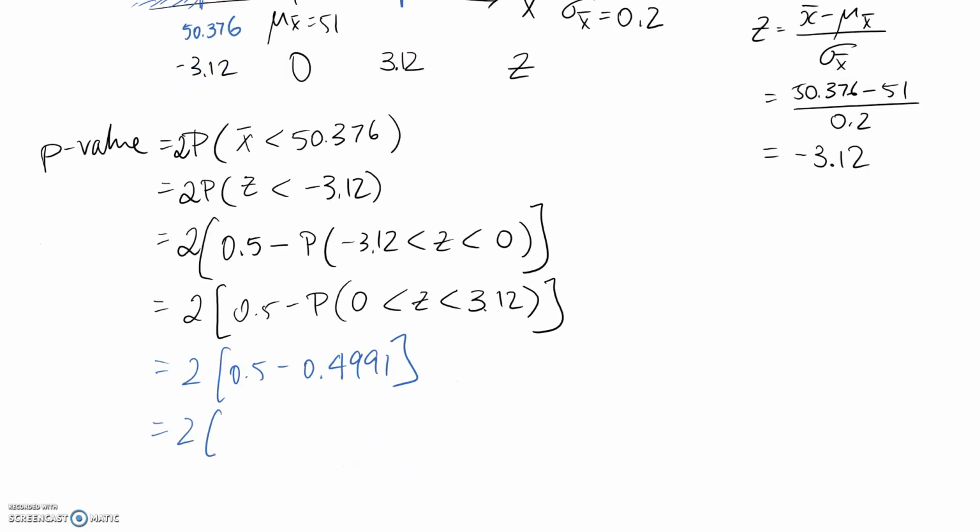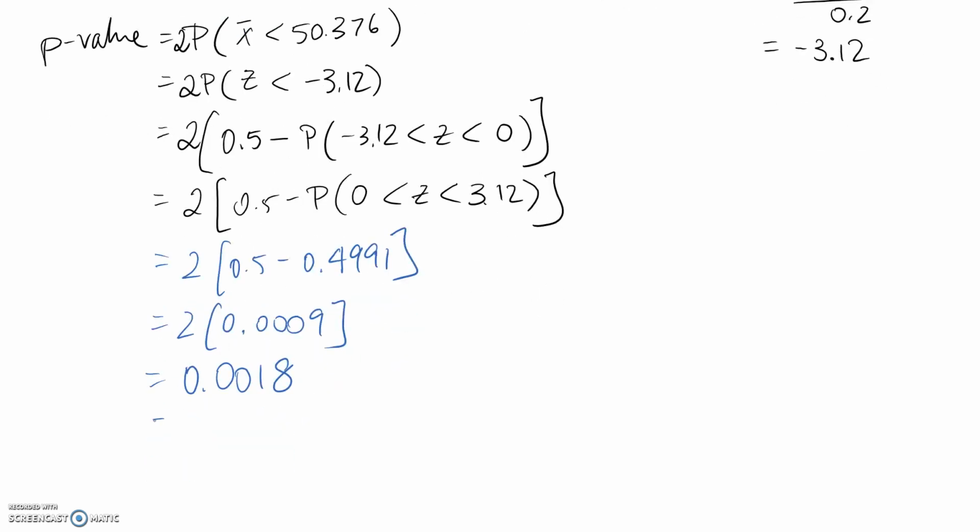Alright, so this is going to be 2 times 0.0009, or 0.0018. Okay, so that's our p-value in decimal form. Remember, we can always change it over to percentage form by multiplying by 100, and what we end up with is a 0.18% chance of this happening.